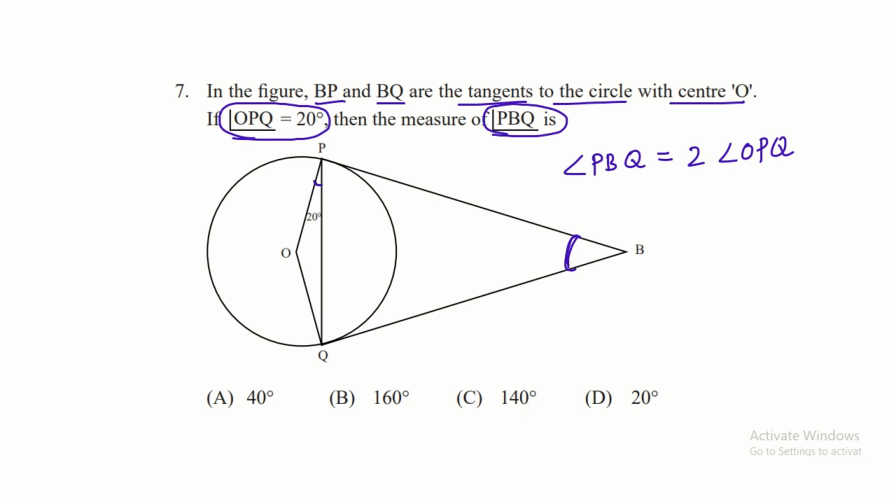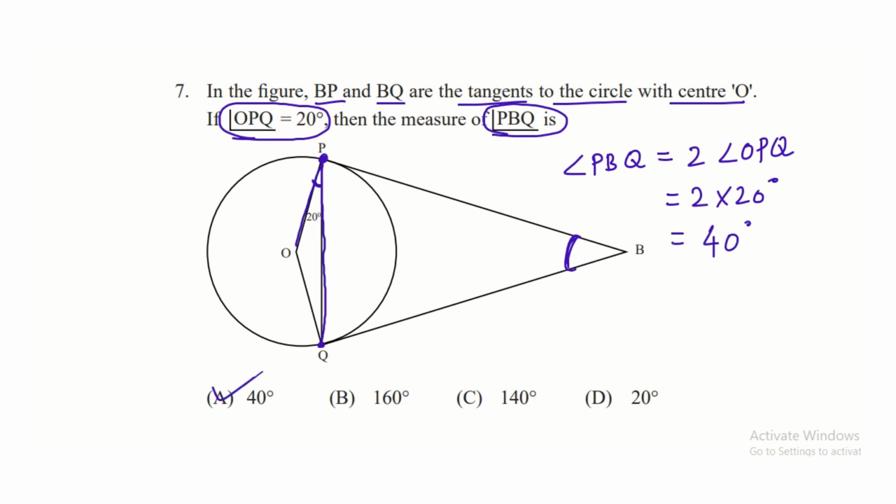Angle between the tangents, that is PBQ, is always twice the angle between the radius and the chords joining the points of contacts from which the tangents are drawn. So it is very simple, just multiply 2 into 20, we get the angle PBQ, that is 40 degree.